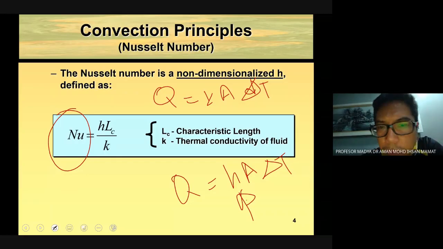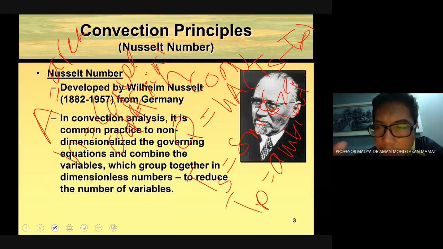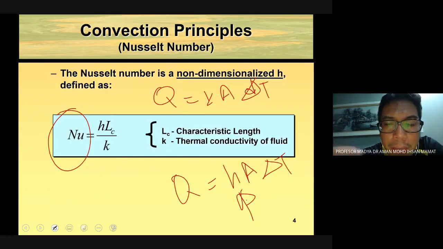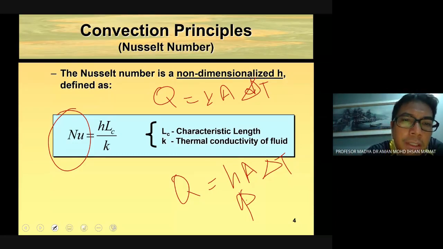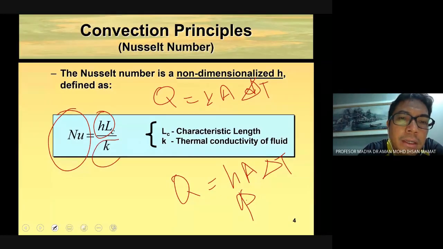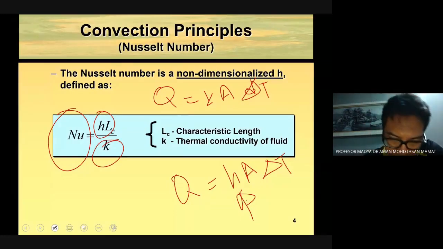Nusselt number. So the Nusselt number is developed by William Nusselt, which I have not introduced before. What does the Nusselt number indicate? It is a non-dimensionalized value, which is the ratio between the heat convection hL and the thermal conductivity.